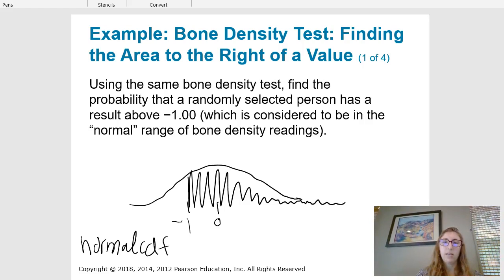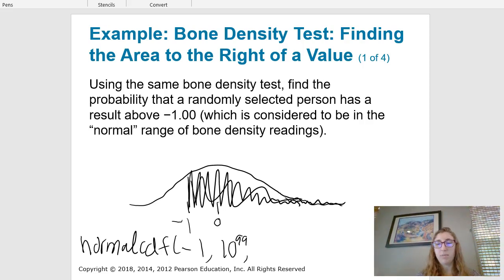Because we are looking for a probability which corresponds to our area. We have a lower bound of -1, and then upper, again, technically, there's no upper bound. We just need to use a huge positive number. So again, I am accustomed to using 10 to the 99. You could just type in some huge positive number.